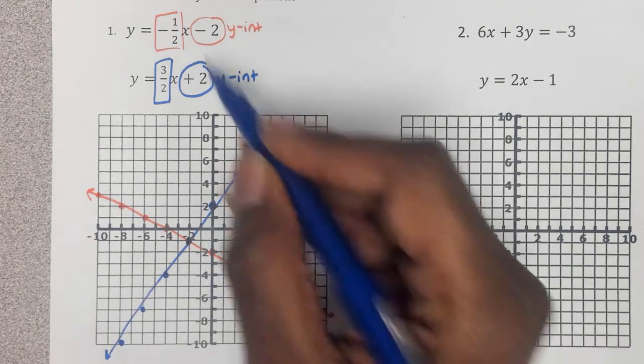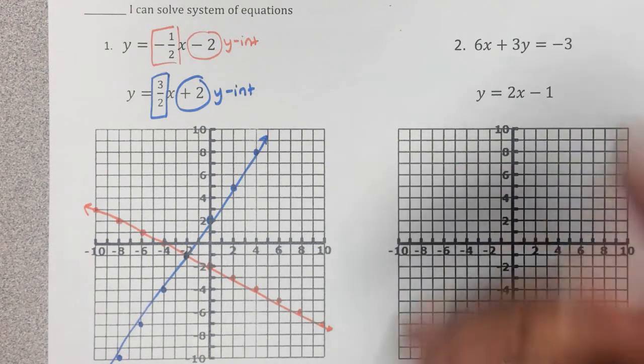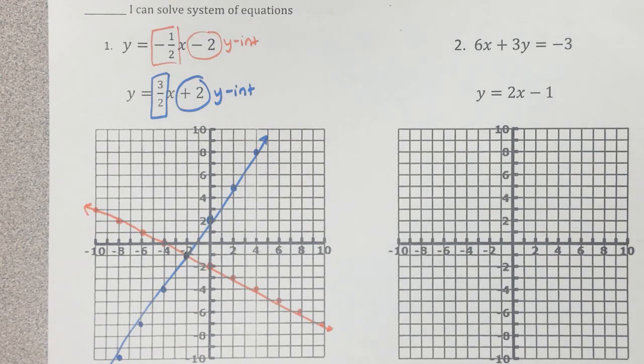So we have a system of equations, and the solution, you guys hopefully remember how to find the solution. What is it? Be careful. The solution is where the 2 lines cross.